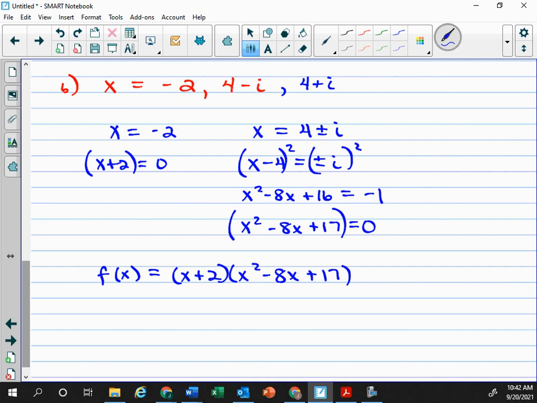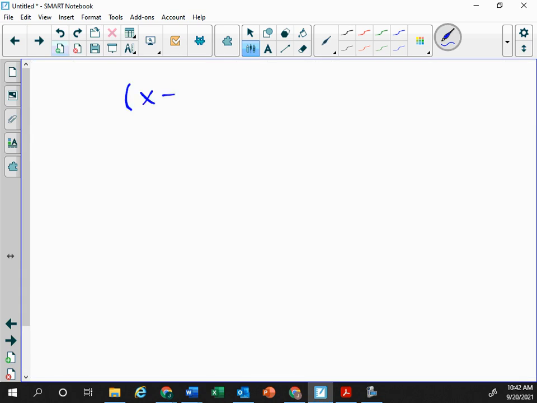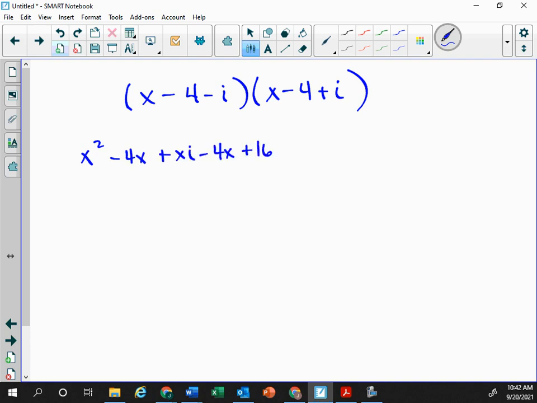Again, there are other ways to multiply that out and find your way to that same answer. If you really like doing x minus 4 minus i times x minus 4 plus i, and, you know, sure, x squared minus 4x plus xi minus 4x plus 16 minus 4i minus xi plus 4i minus i squared.